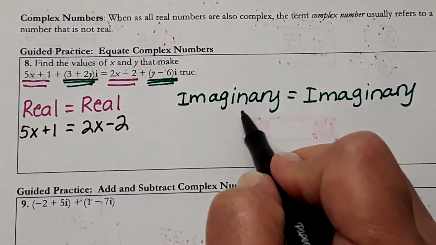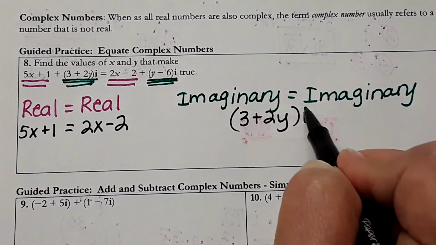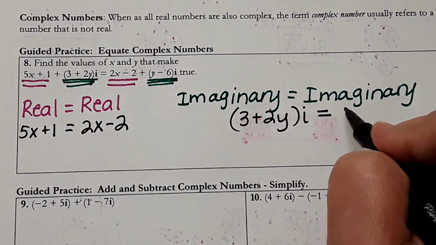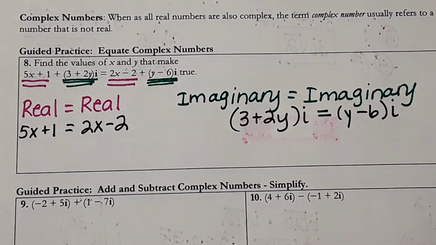So it's going to be 3 plus 2y i equals y minus 6i. And then we're going to solve it just like we normally would solve it, okay?